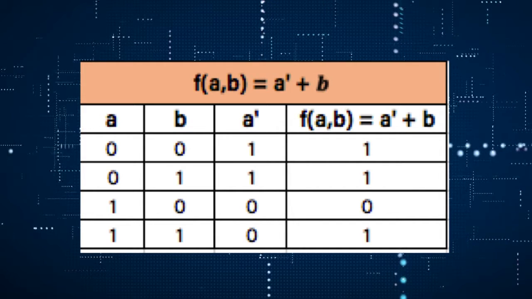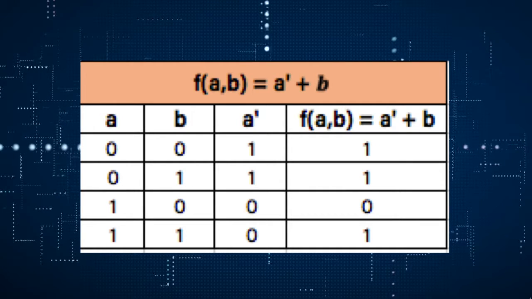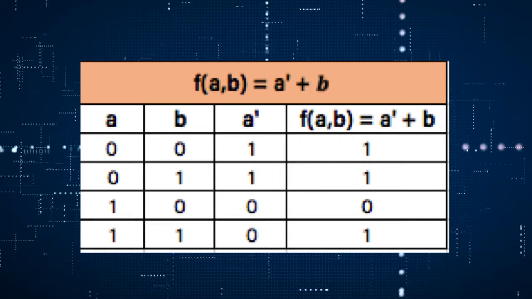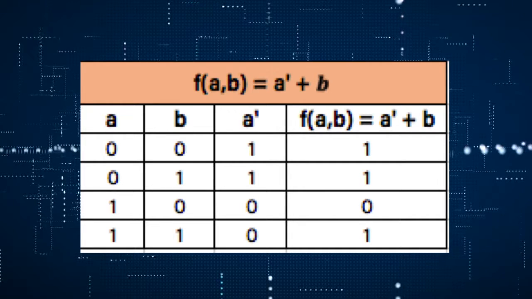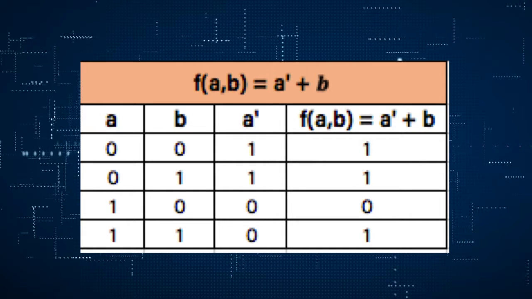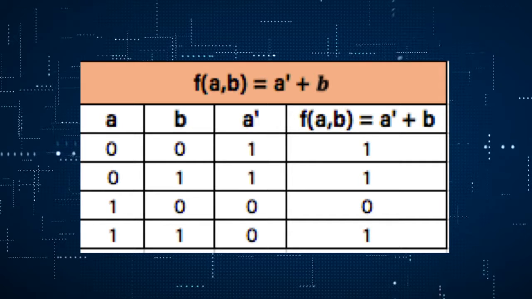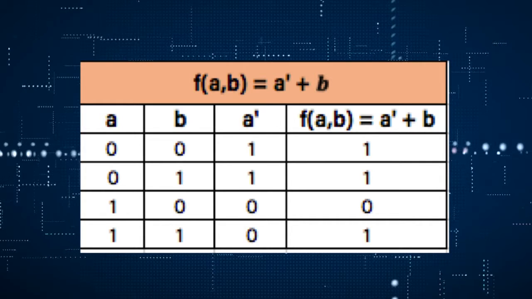and in the third column I will negate the first variable, in this case a. If I have 0 in this column, we have 1, and in the next column I will put the function. The function tells me not a or b.